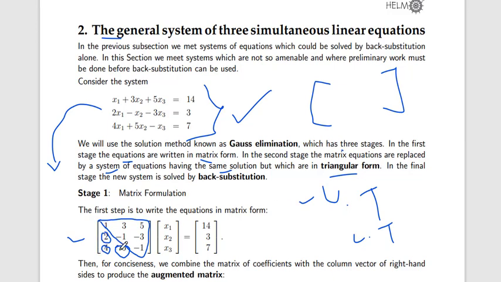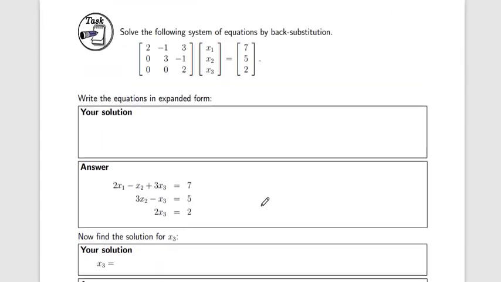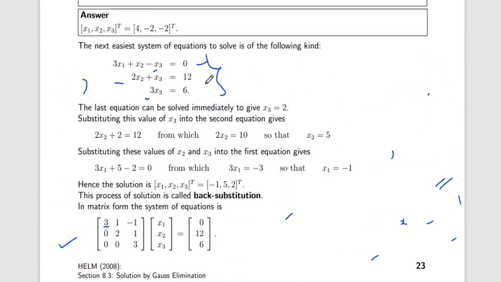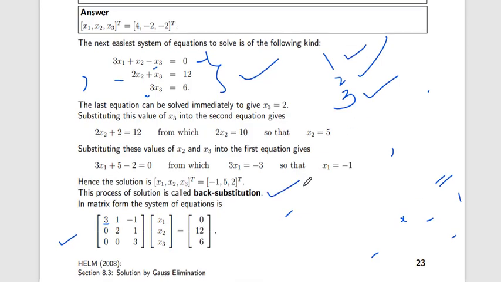After we get 0, in the final stage we solve this new system by back substitution. Taking the last equation, then the second equation and the first equation, this method is called back substitution.